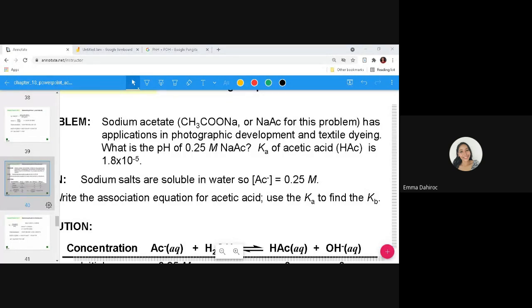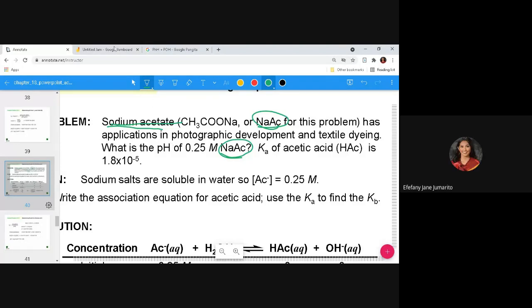What is the pH of 0.25 molar NaAc when the Ka of acetic acid, HAc, is 1.8 times 10 to the negative 5?